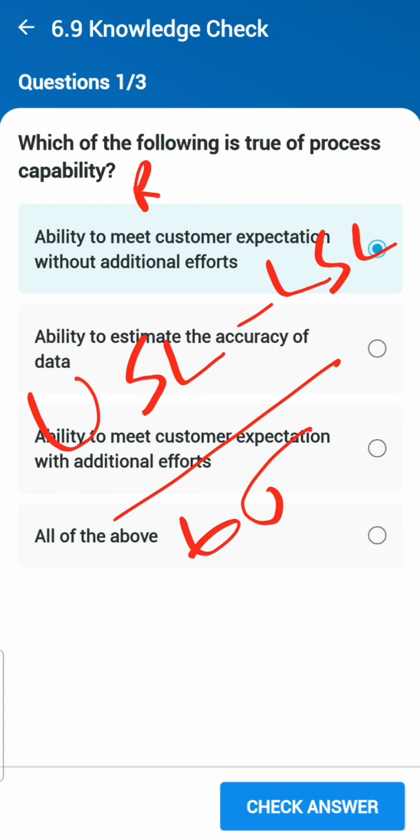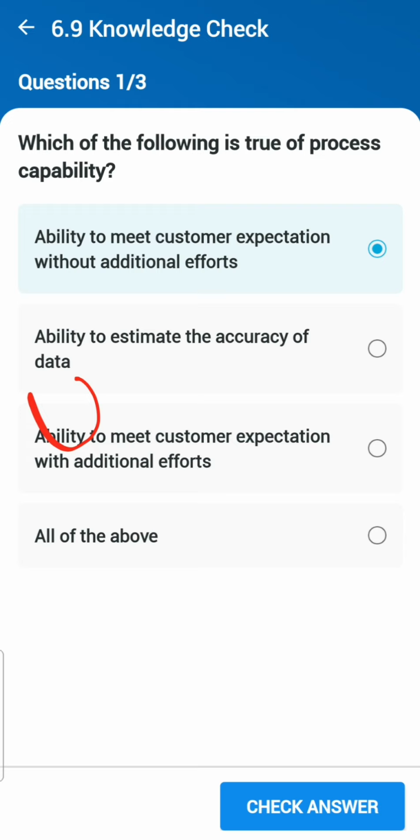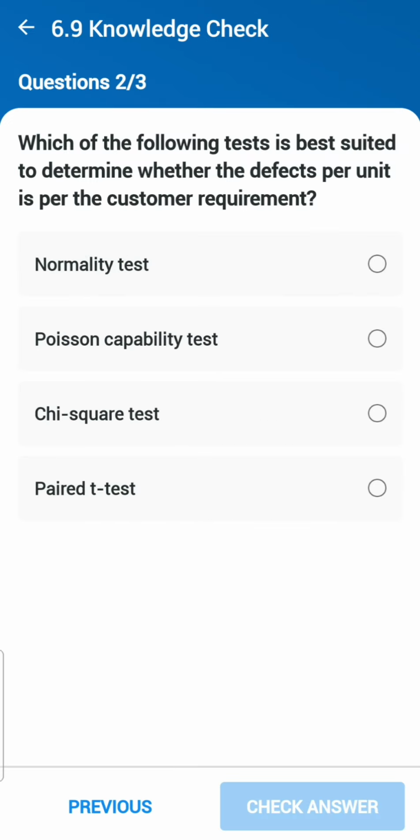Let's assume the question is on the ratio. The ratio Cp is the process capability ratio, USL minus LSL. So this one will be very, very helpful. And which of the following tests is best suited to determine whether the defects per unit is as per the customer requirement?